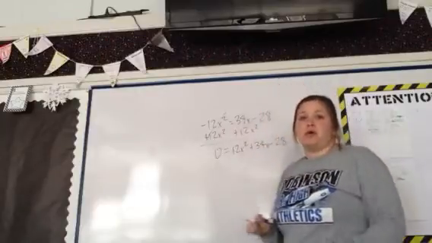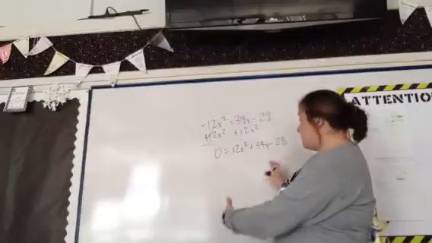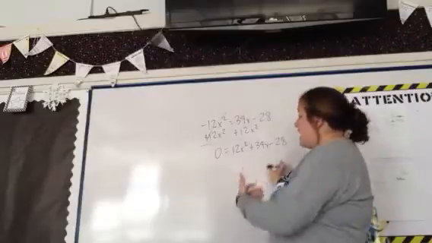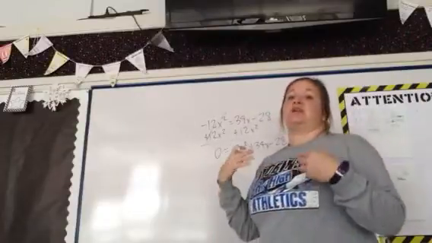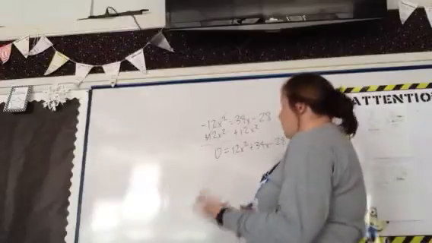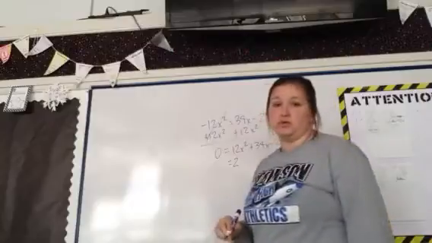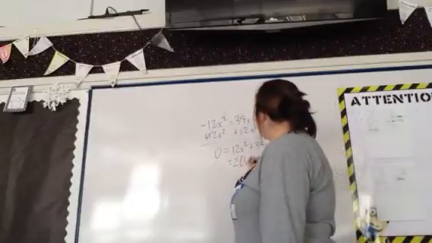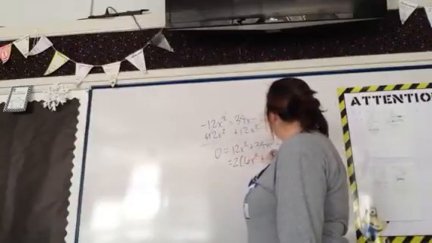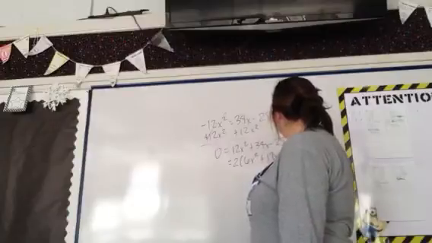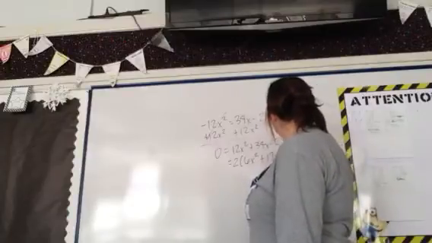So at this point, I can find something that multiplies together. If something is multiplied together and it gives you 0, then one of those things has to be 0. I can factor out a greatest common factor of 2. And then I'm left with 6x squared plus 17x minus 14.